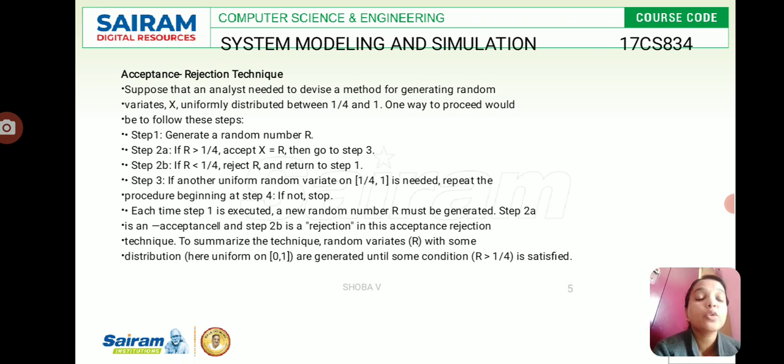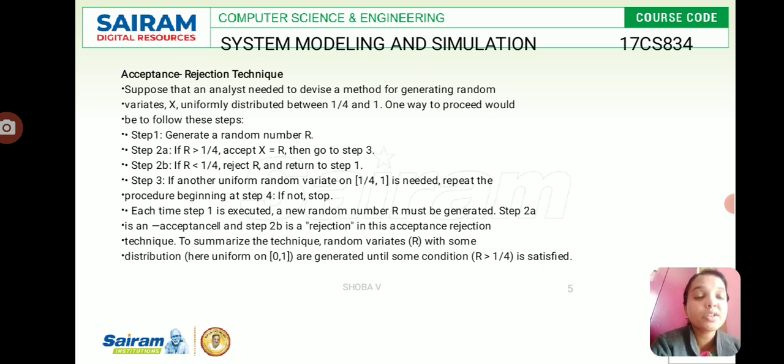For example, p equal to 3 by 4, and the mean number of rejections is 1 by p minus 1, so we automatically get 1 by 3. This is the mean number of random numbers required to generate one variate x, and this is one more than the number of rejections. So the main concept to understand is that by reducing the rejections, the efficiency will be increased automatically.